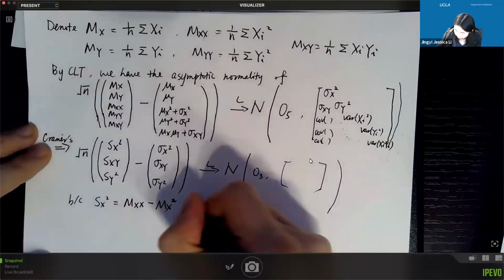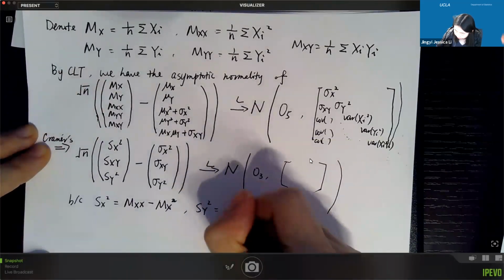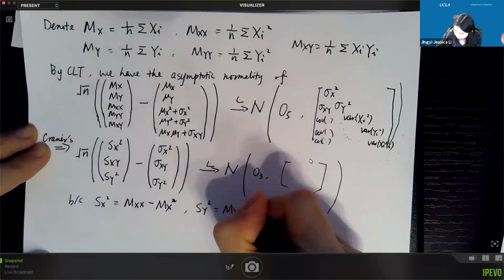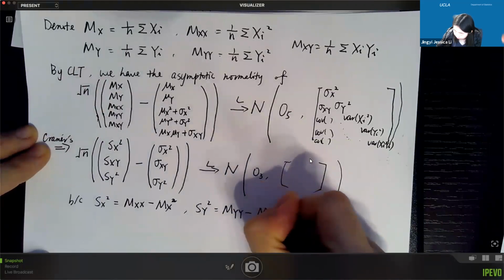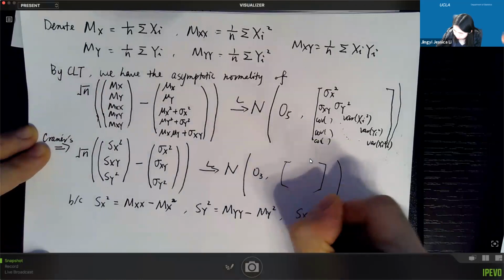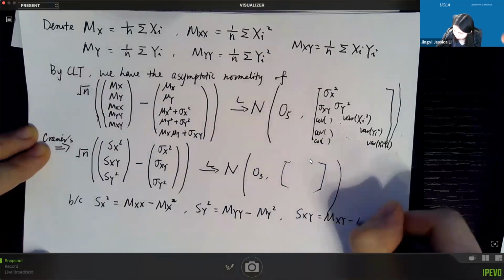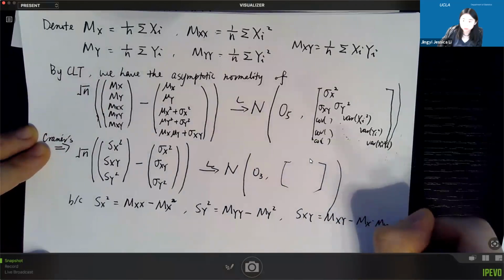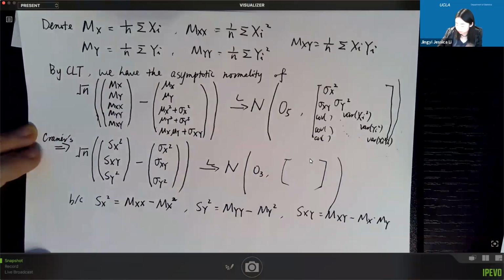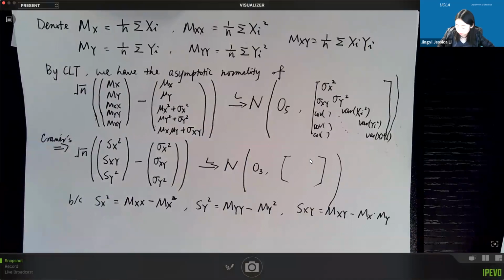And Sy squared is equal to myy minus my squared. And Sxy is equal to mxy minus mx times my. So because of this relationship, by a similar argument as in our example 3, we could derive this.